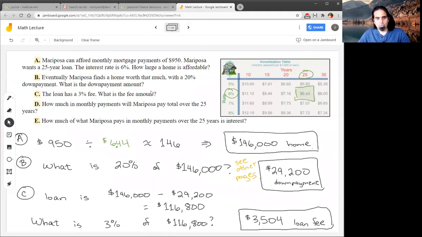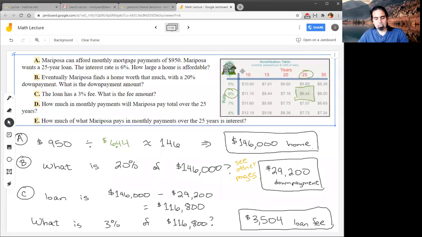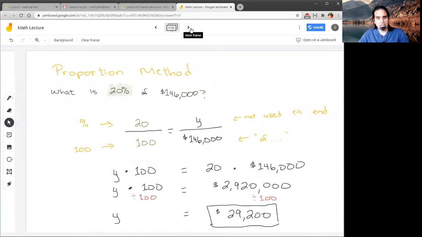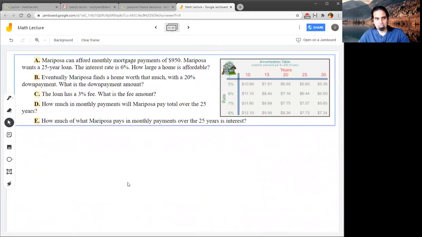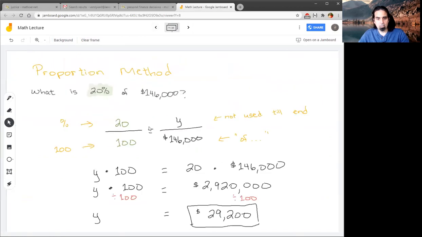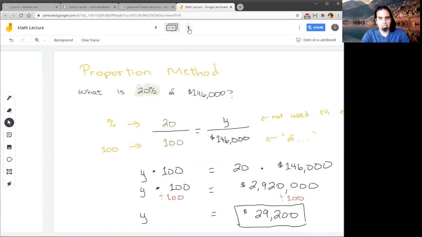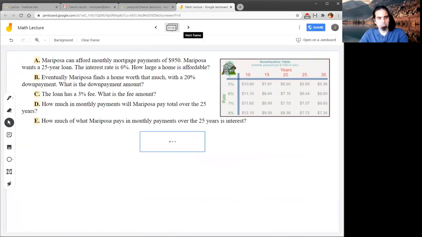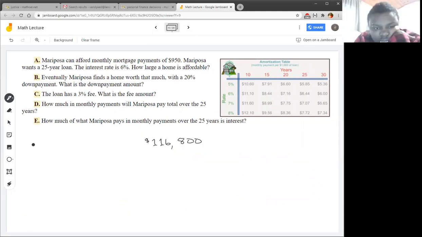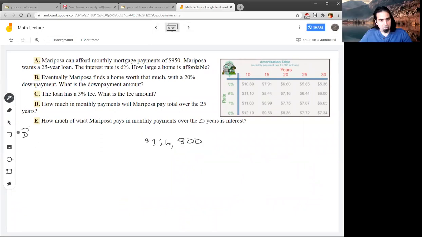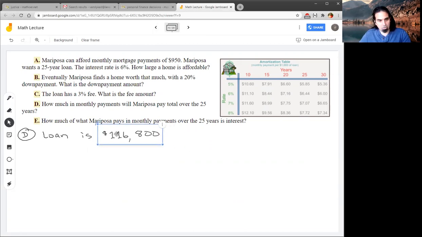So I'm going to grab the chart. That number. So for D, here's our loan amount.